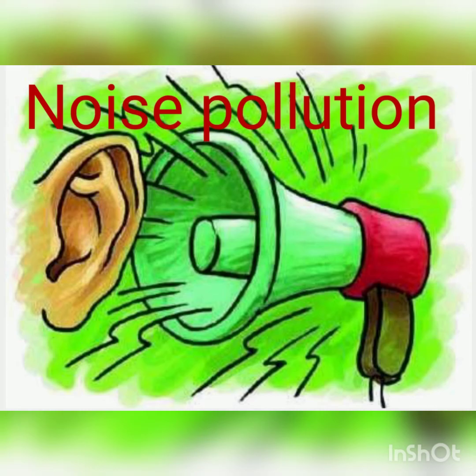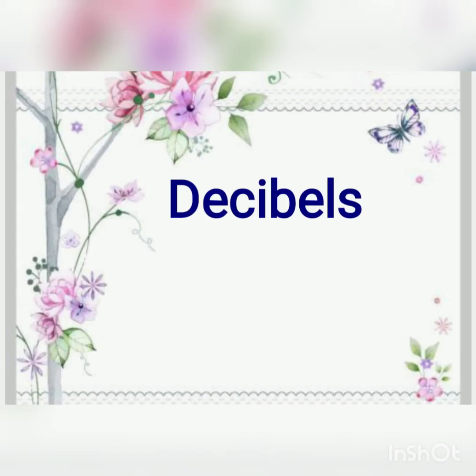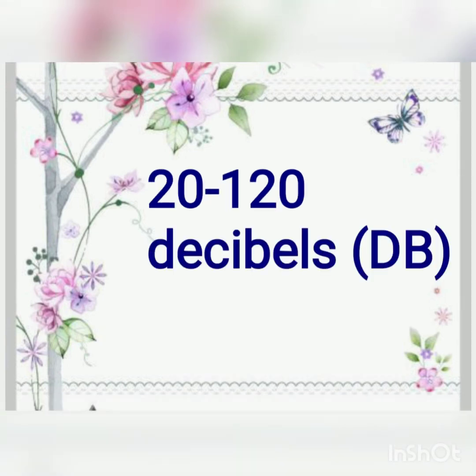Next, noise pollution. When I say noise, I'm sure every one of you knows what noise is or how it occurs. So noise pollution is the occurrence of loud, disruptive and unbearable sound. Sound is measured in decibels. The comfort level of sound for humans is 20 to 120 decibels, that is dB.